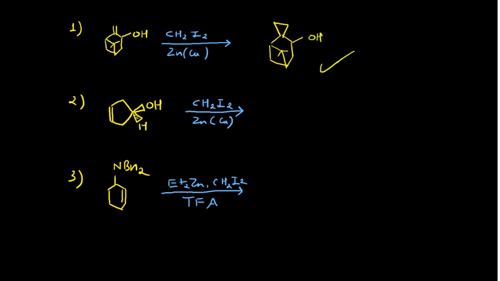Now the second case, you see again here, this OH is polar. However, it is not present at the allylic position, but of course it is there, right? So it is not necessary that your double bond must have the polar group at the allylic position. It may be next to the allylic carbon actually, but it will also dictate the stereochemistry of the product. So in that case, this double bond will form the cyclopropane ring, and that cyclopropane ring would also be above the plane, that is beta, because this is beta.